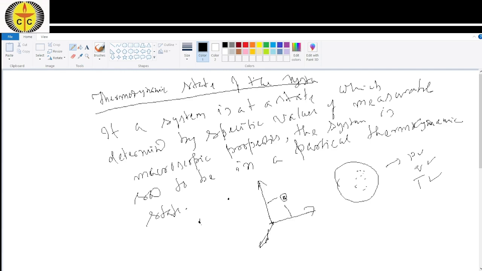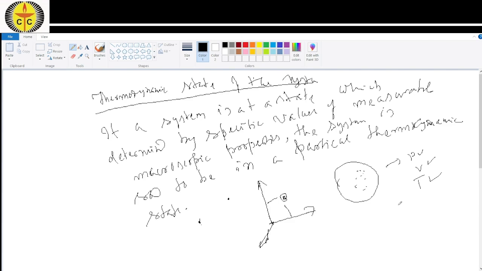If the set of values of the macroscopic properties changes, then the thermodynamic state of the system also changes. If one or more are varied at a time, then the state of the system also varies.